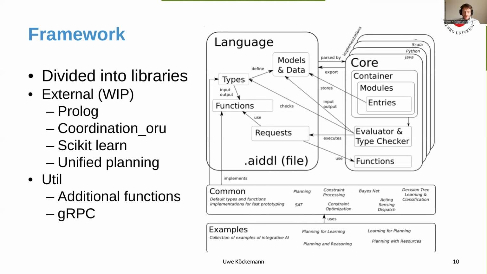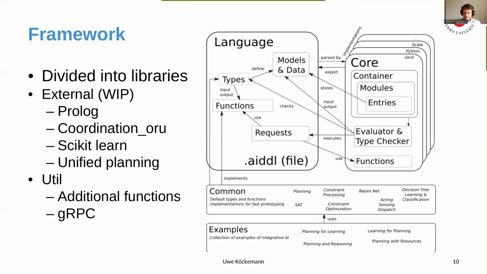Now on the framework side, here is a quick overview, which also includes the core and the language, to see how everything plays together. The core library but also the common example library are written in specific programming languages. Currently we have Java, Python, and Scala libraries. Then we can see, for instance, as part of the language, the types that we define, models and data.